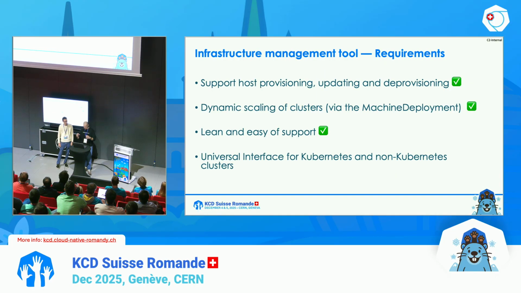So all of this just to tell you that with just ClusterAPI and Metal3, we meet many of the requirements that we were describing at the beginning. Because we can perform host provisioning and deprovisioning, and dynamically scale our clusters using machine deployment.